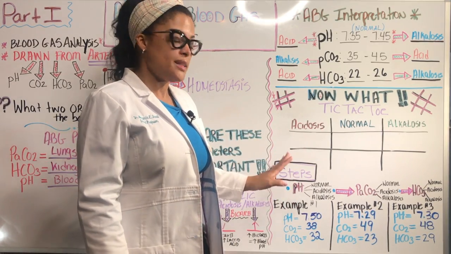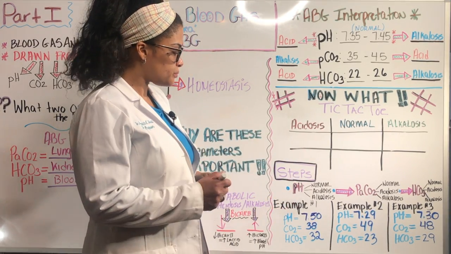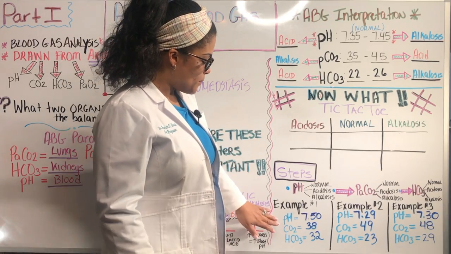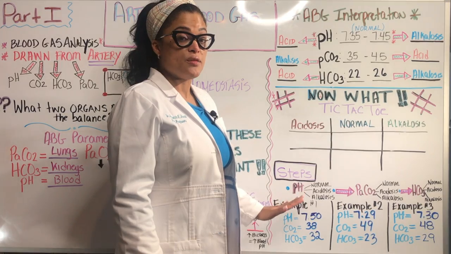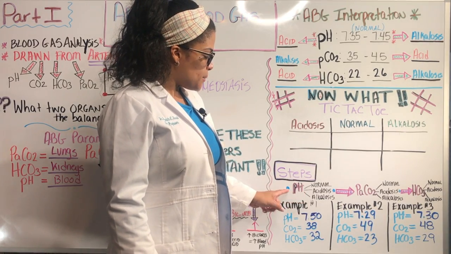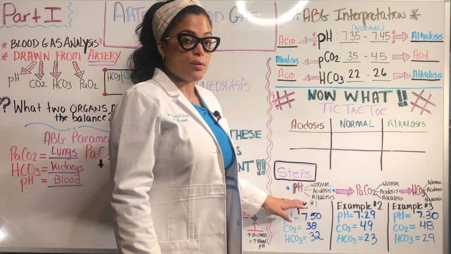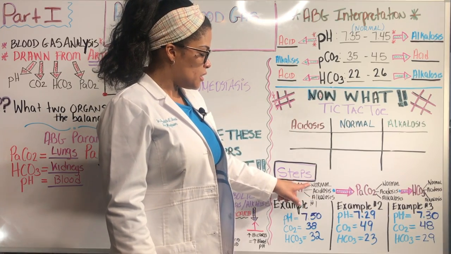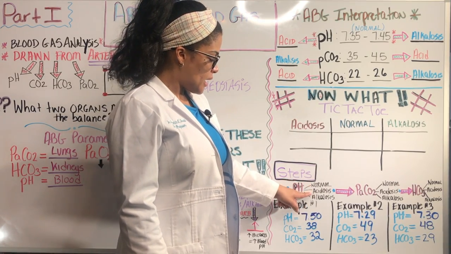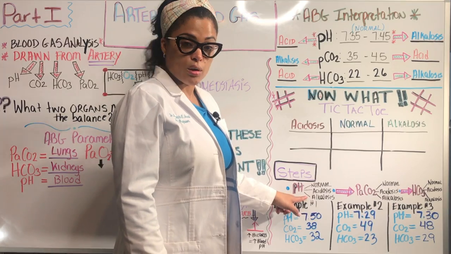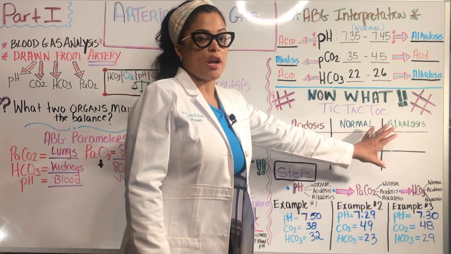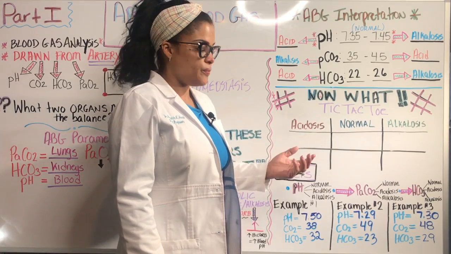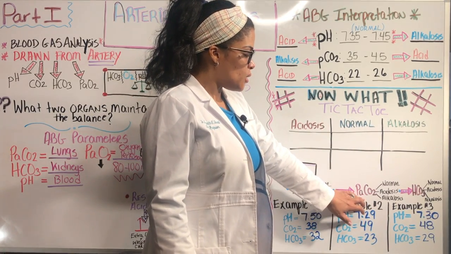So let's get back to these examples. We're going to do example number 1, but first there are steps to plug in these values. The first step is to look at your pH level and determine if the pH is normal, acidosis, or alkalosis. Once you determine that, you plug it in wherever it belongs in these columns. Then you look at the CO2 level.